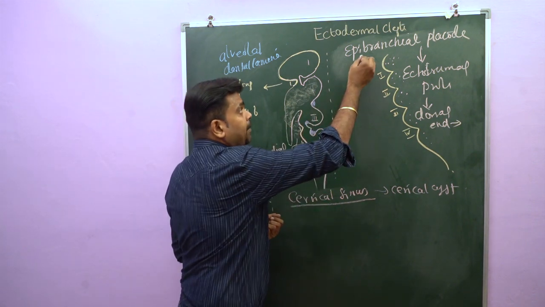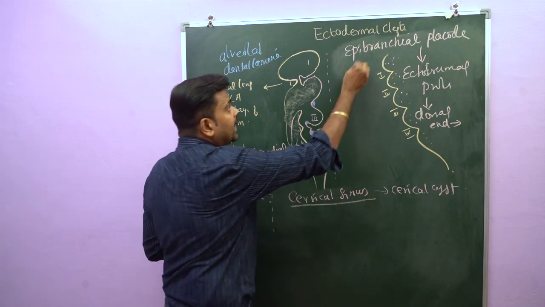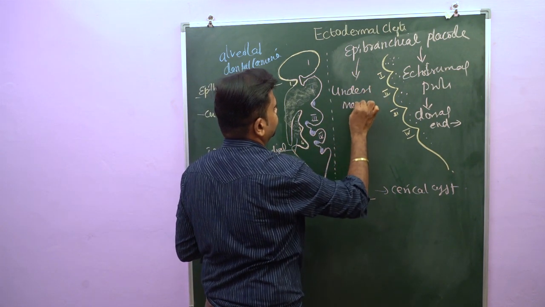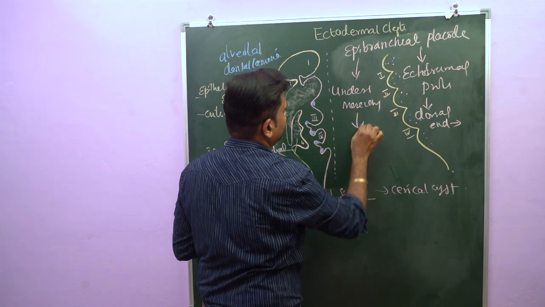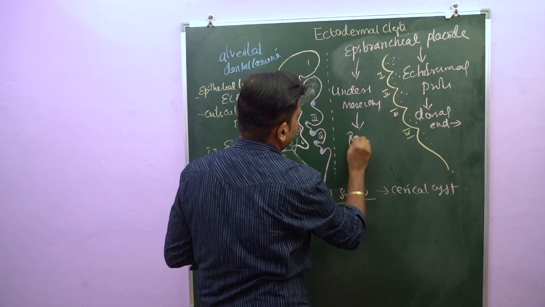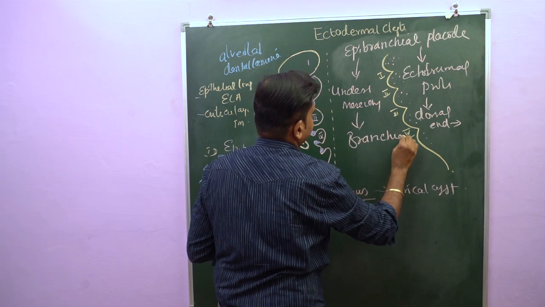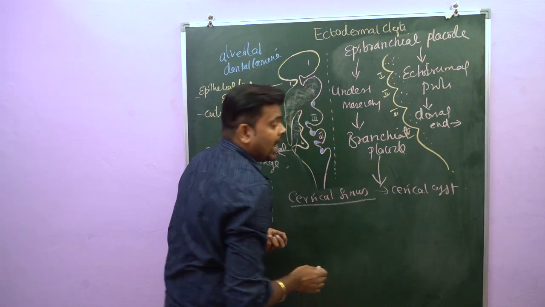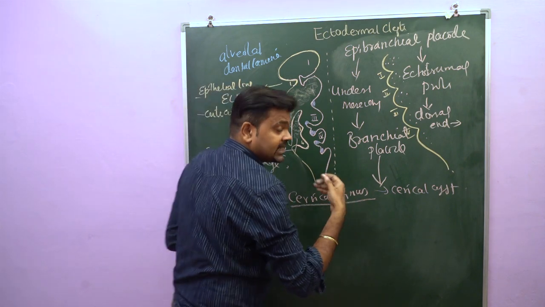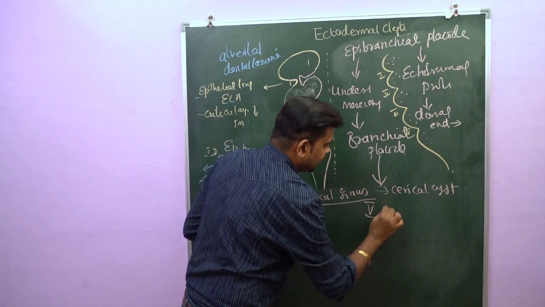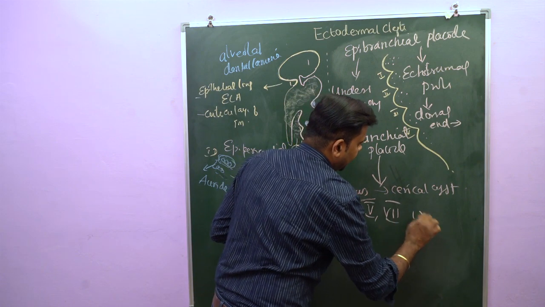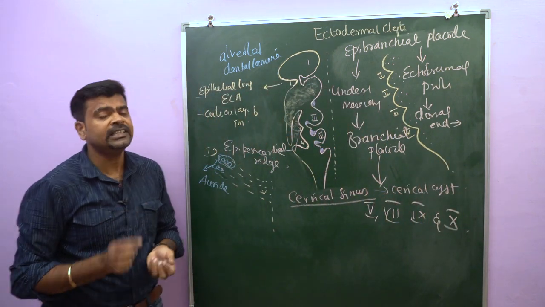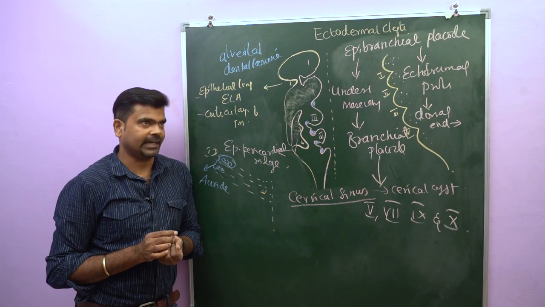Later, these epibranchial placodes will be buried into the underlying mesenchyme and lead to the formation of branchial placodes. These branchial placodes give rise to the sensory ganglia for the 5th, 7th, 9th and 10th cranial nerves. So these are the derivatives of the ectodermal cleft.